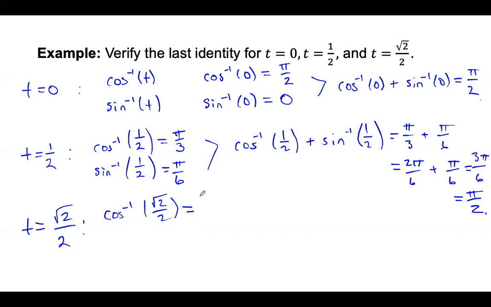Anyone? Also the sine. So what number is that? Right. Yep. And so pi divided by 4.